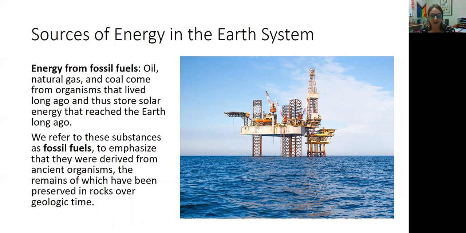Those organisms then died. Their bodies, their carbon was converted into fuels that we now call fossil fuels. And that energy was preserved until we dug it up and used it. So when we refer to these substances as fossil fuels, we're really emphasizing that they're derived from ancient organisms, fossils, the remains of which have been preserved in rocks over geologic time.